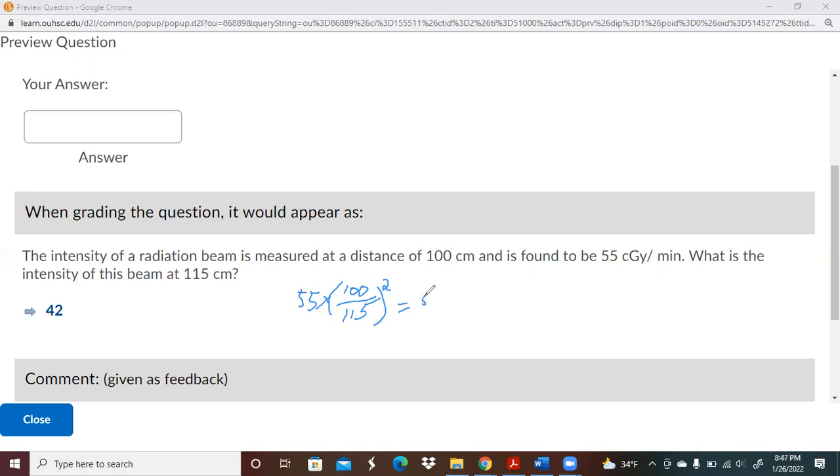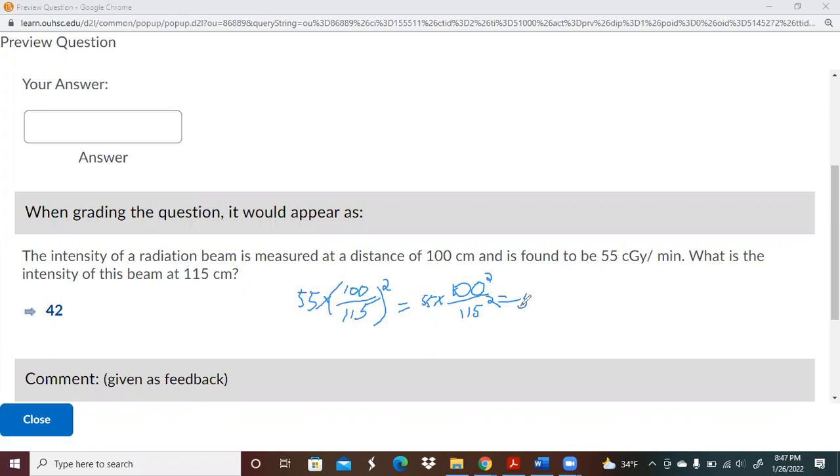We end up with 55 times 100 squared over 115 squared. When you multiply all of that out, you get 100 squared. If you basically take 100 multiplied by 100, then you end up with 10,000.